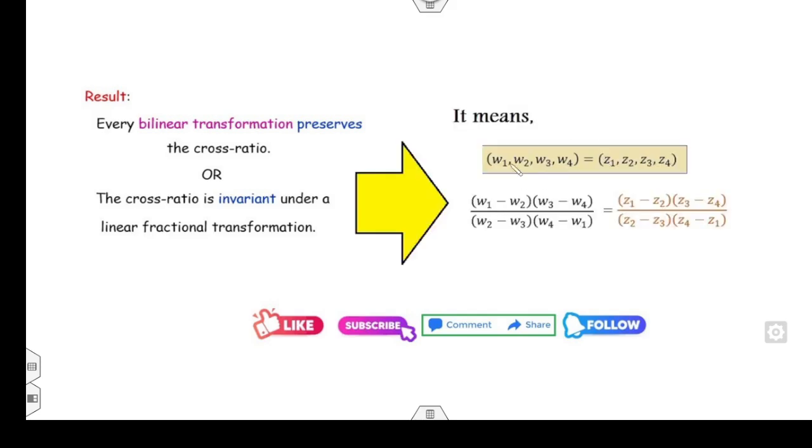Fine. And how can you write the cross ratio corresponding to the first numbers? W1 minus W2, W2 minus W3, W3 minus W4 and W4 minus W1.